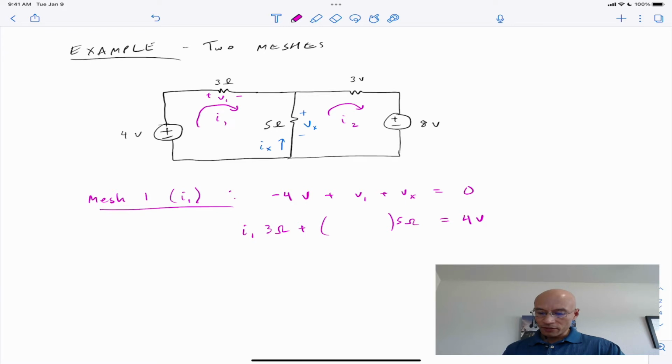In the direction of Vx from plus to minus, we have I1 flowing, but I2 also makes a contribution. Its contribution is from minus to plus, so we can think of minus I2 going that way. So to make it work, we use a minus I2 that also contributes to Vx.